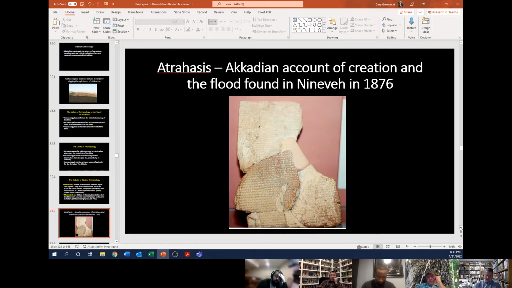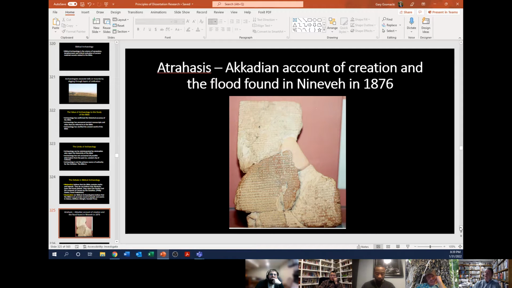It was found in the library of Ashurbanipal. He was an Assyrian ruler. And of course, it's a polytheistic account of creation. It talks about the Mesopotamian gods that created the earth, and that man was created to ease the burden of labor for the gods.